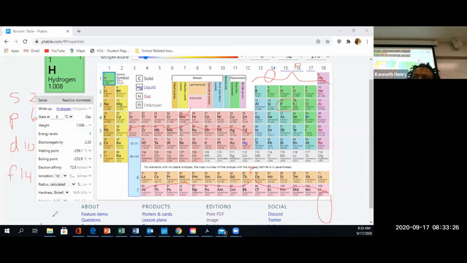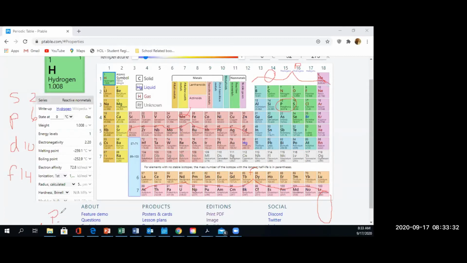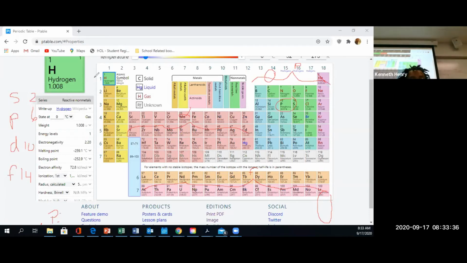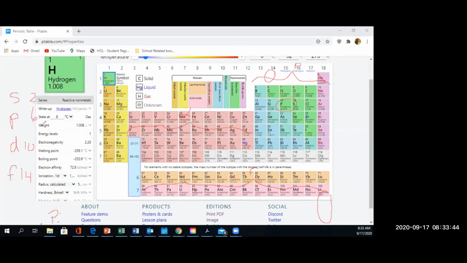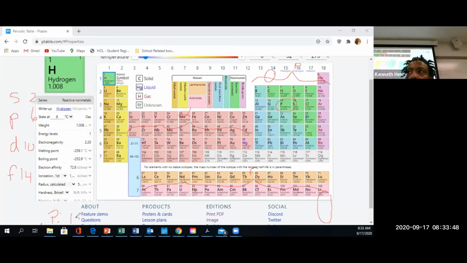So we start off with period 1, and an s and a p. In the first period, we go with the period first. So it's 1, and how many electrons can be held in the s? 1s? 2. So it's going to be full, 1s2.